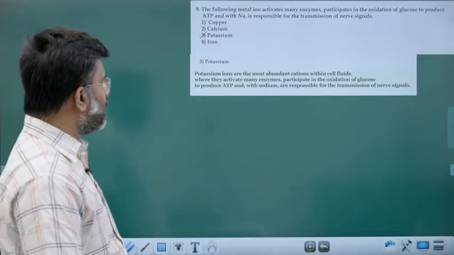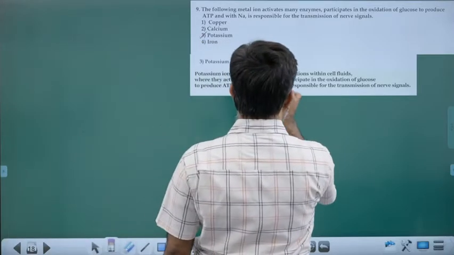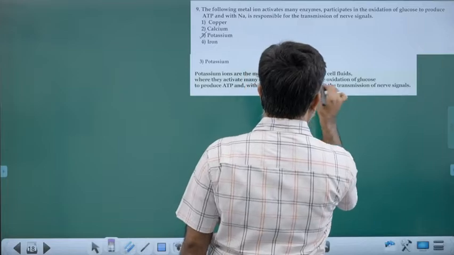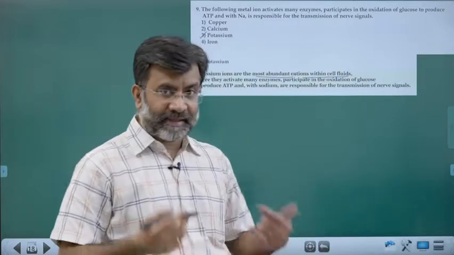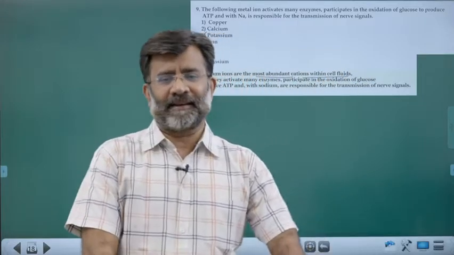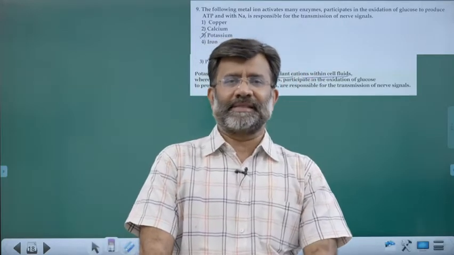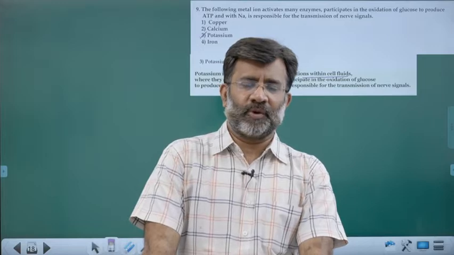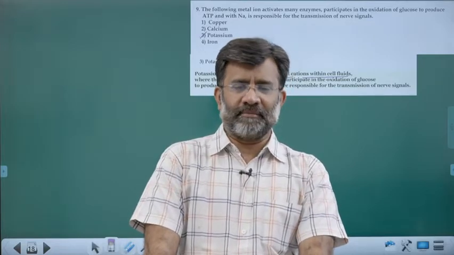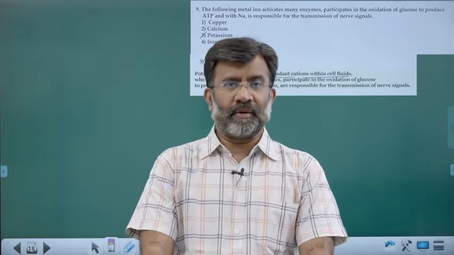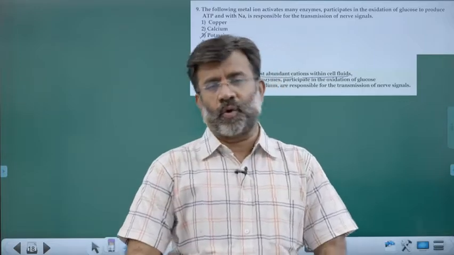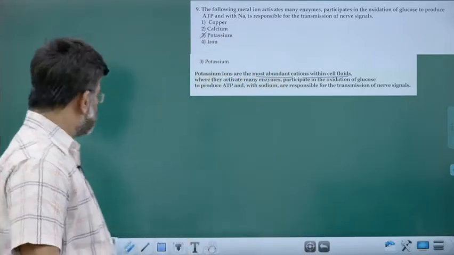Each line is important: most abundant, where? Within the cell fluid. There are similar traps in the textual sentences, so you have to read the NCERT line by line, word by word, probably in between the lines also. Next one.